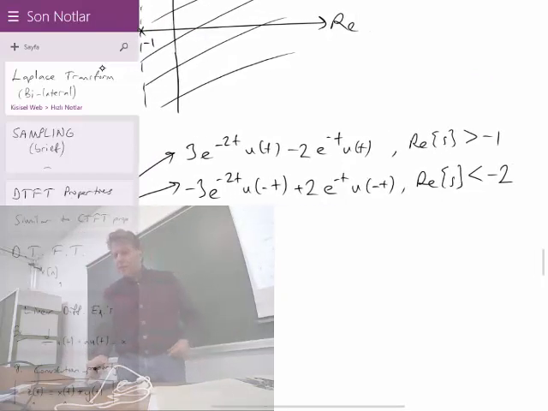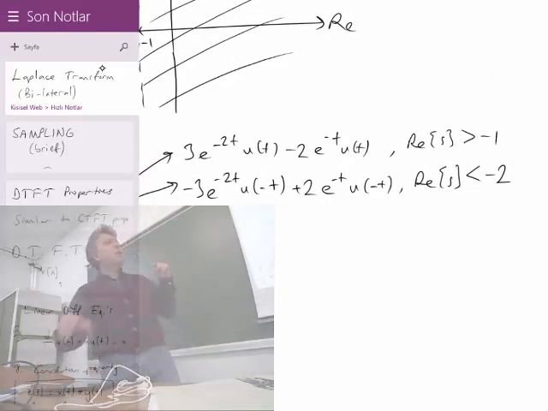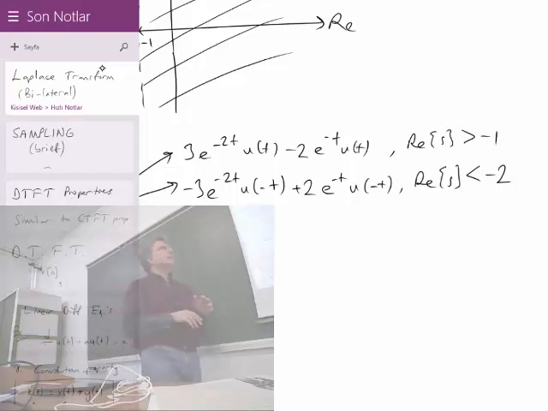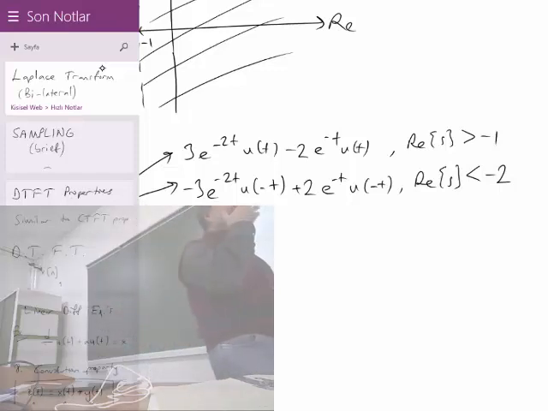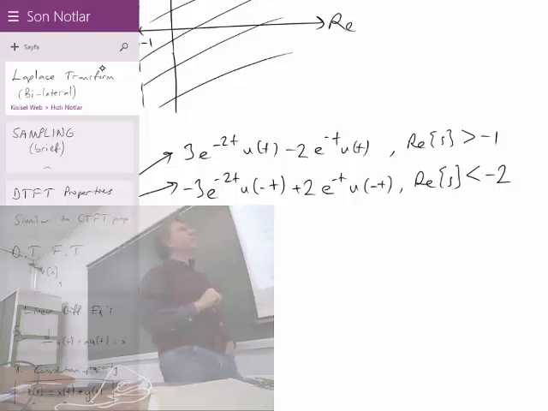Now let's focus on these two cases because they are the most strikingly different ones. We have other ones. We're going to write them. They are just the combinations of this one and this one, this one and this one. Okay? We will come back to that.